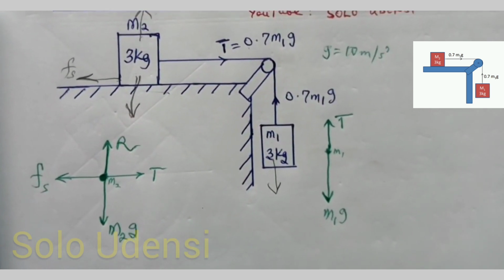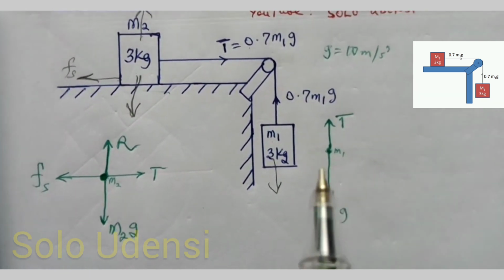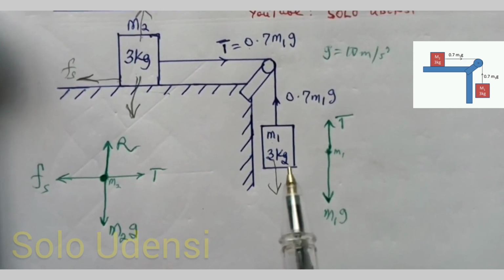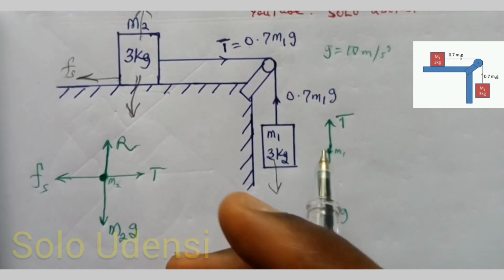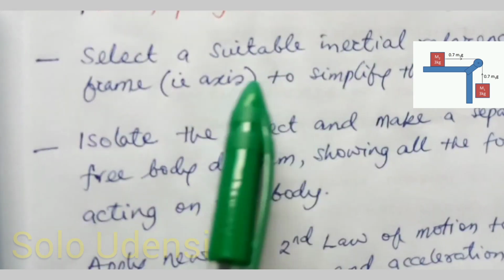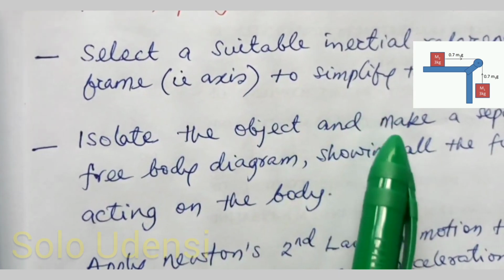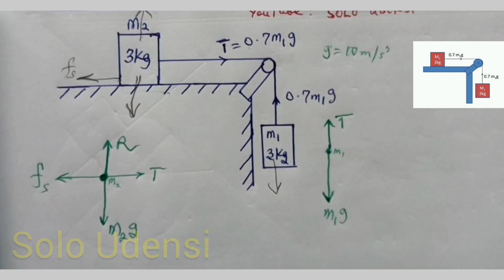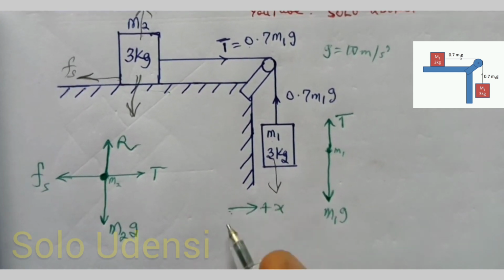So for convenience, that's just what we say by selecting a suitable inertial reference frame. Remember, we said select a suitable inertial reference frame to simplify the next step. So let us choose that whenever it is going this way, you have a positive x-axis.